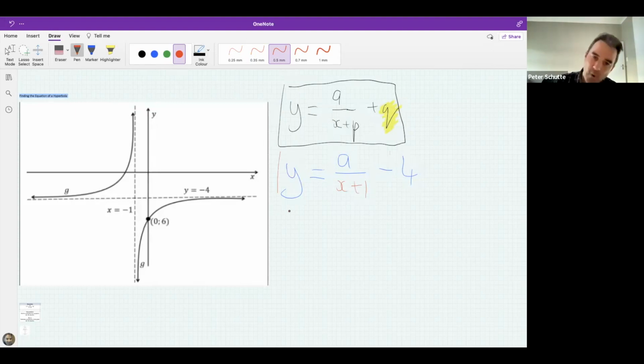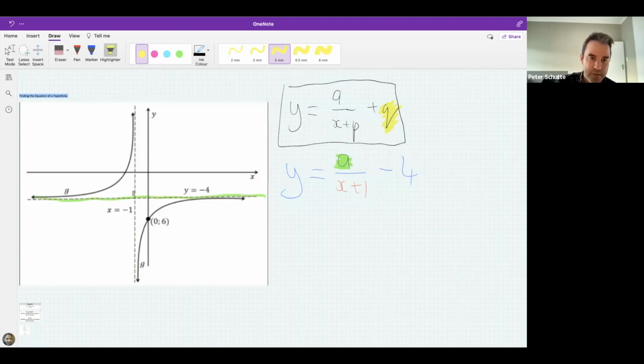Now, I'm almost there, but I need to figure out what A is. I'd like another student to give me their guess on how they think I could find A. Look, I've used up the asymptotes information.